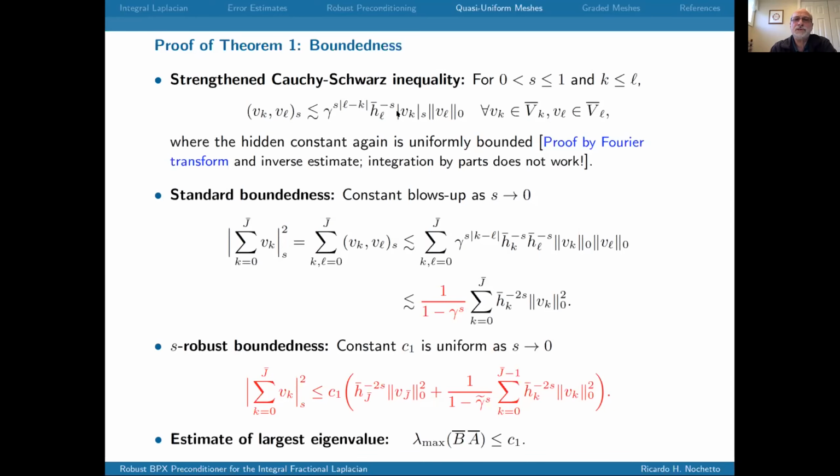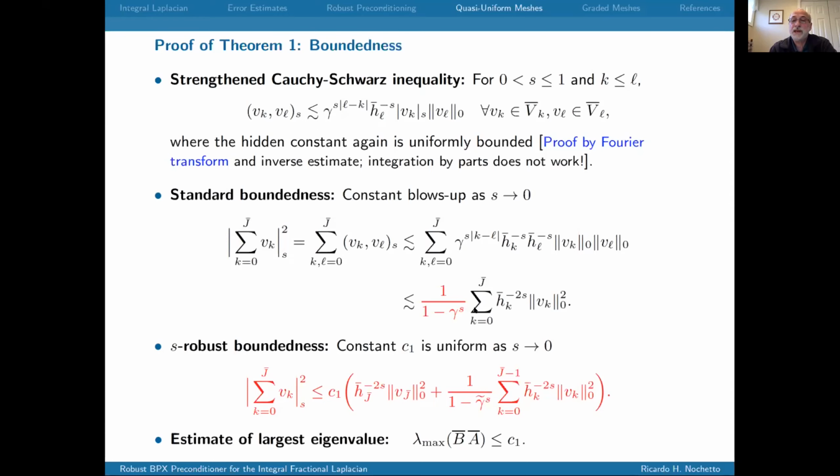Now, if you use this formula naively, then you have a problem. Suppose you want to estimate this sum of the BKs in terms of the scales' L2 norms. So suppose you use the inner product. You do the inner product of this times itself, and it's written here. And then you just use Cauchy-Schwarz from this formula, okay?